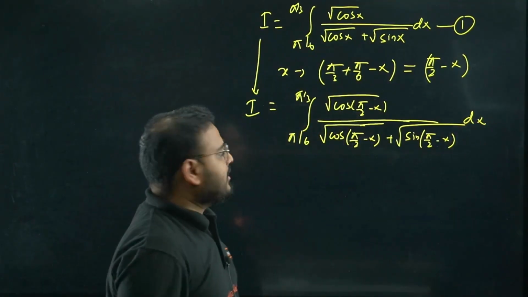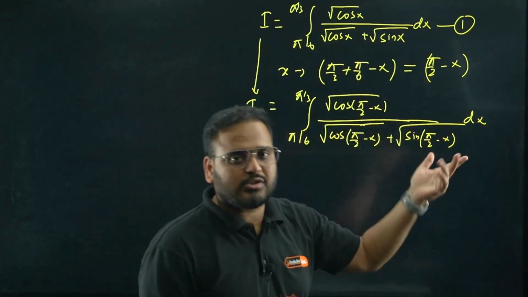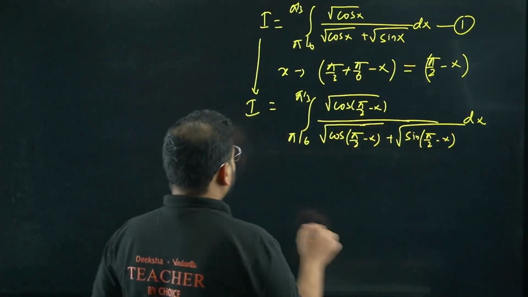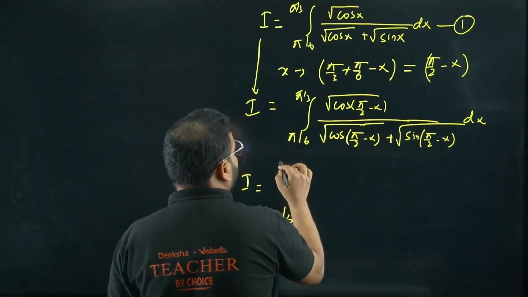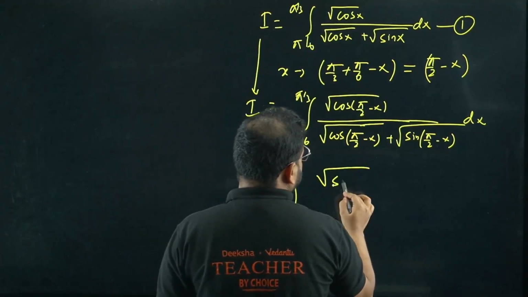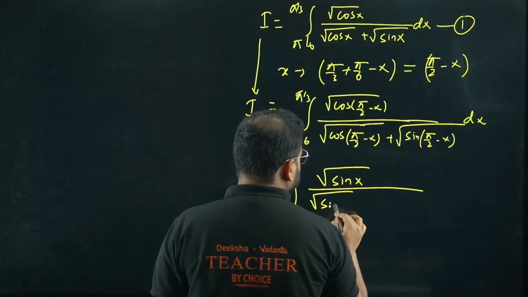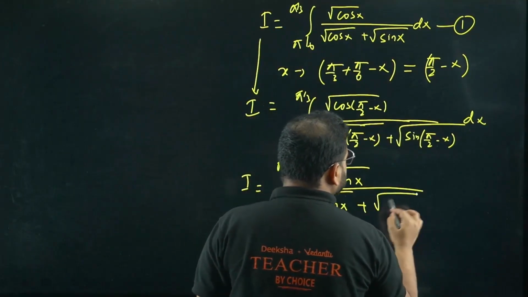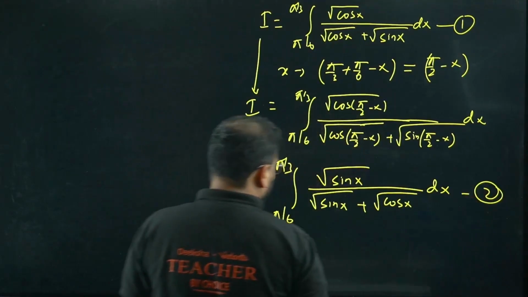One more thing, this angle pi by 2 minus x is in the first quadrant, so I can change this sine to cos, cos to sine without changing the sign. So I get here I equals to pi by 6 to pi by 3, root of sin x over root of sin x plus root of cos x, and of course dx is there. This is my equation number 2.